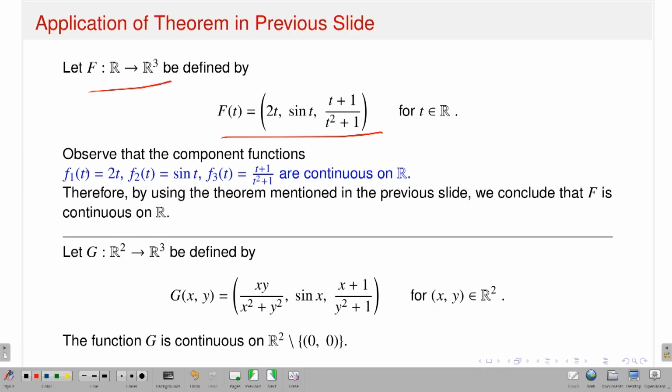My first component function is f1(t) equal to 2t, the second component function is f2(t) equal to sin t, and the third component function is f3(t) equal to (t plus 1) divided by (t square plus 1).